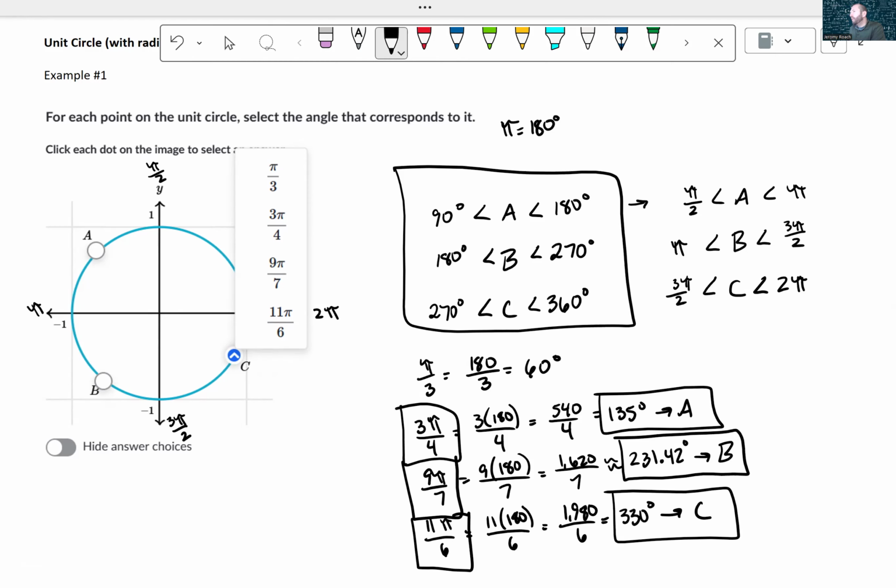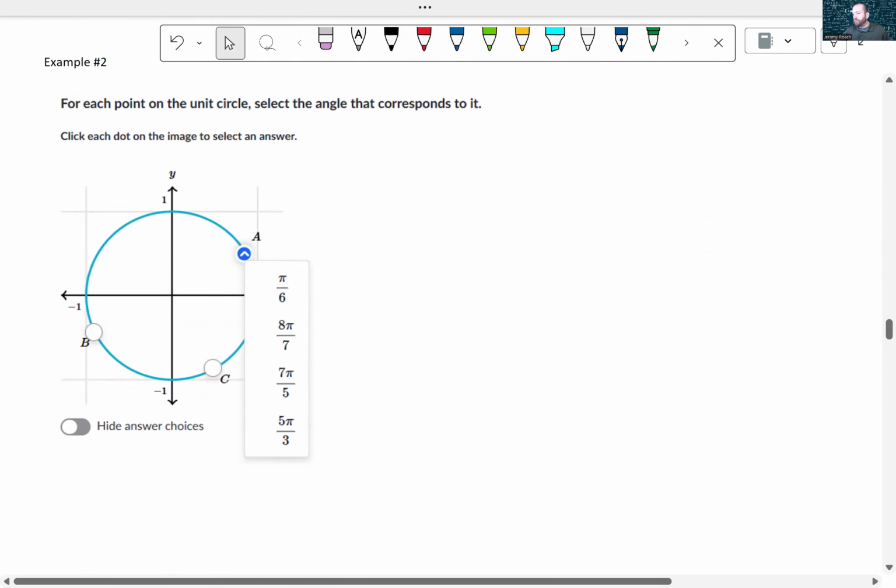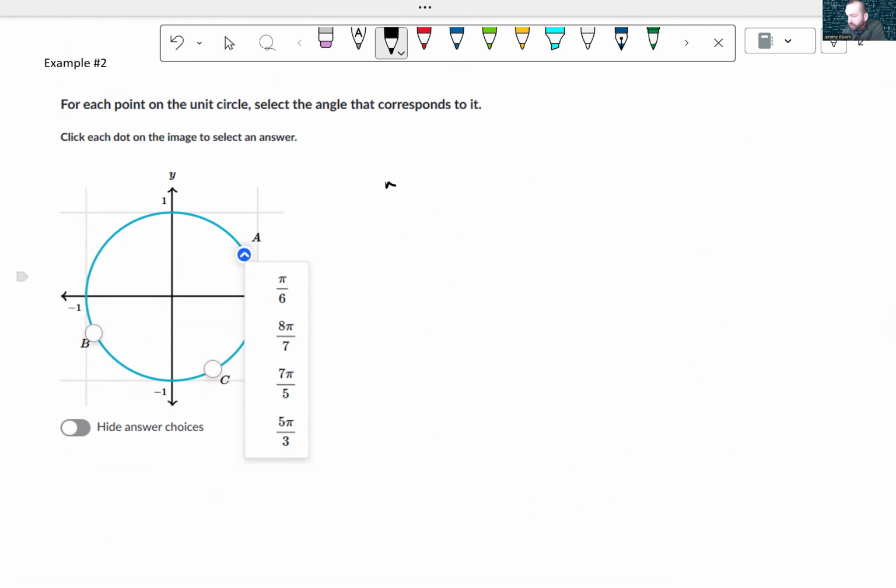All right. So we'll do one more problem like this, just maybe a little bit more quickly for our next example. It says, again, select the angle that corresponds to it. So pi over 6 is 180 over 6. And that's equal to 30 degrees. 8 pi over 7.